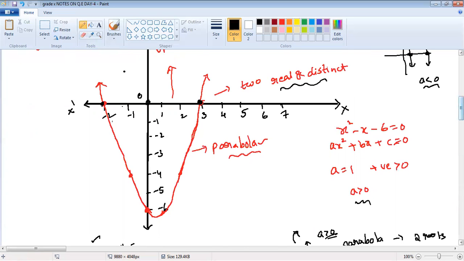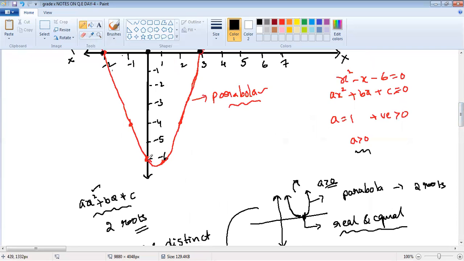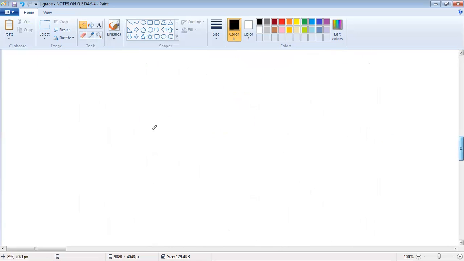Now if you see here, for example, this point is called the vertex. This concept, especially, I can tell you where it comes, like in physics. If you project a body on a horizontal plane, the body will definitely pass through a parabolic shape.